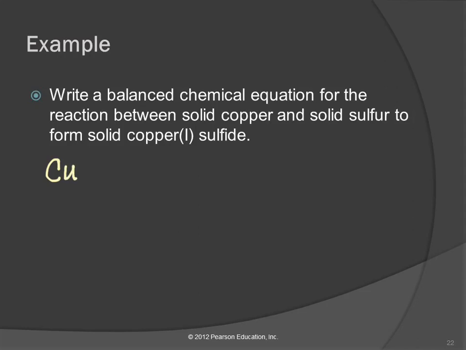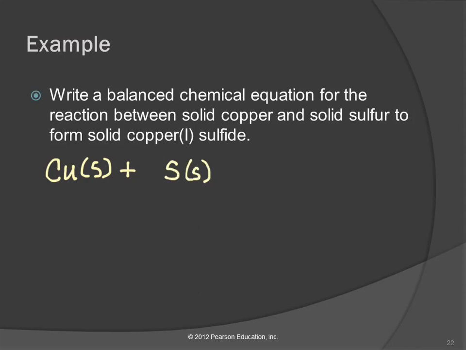Cu. And this time we're going to write the state symbols just as a little bit of practice. They're telling us solid copper, so I'm going to put s in parentheses. Solid copper and sulfur. What's sulfur? S. And it says that's solid also.